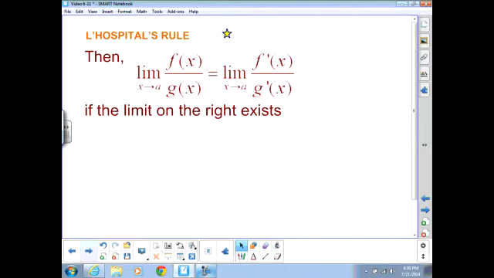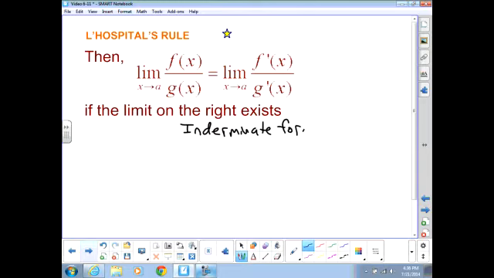So here's L'Hopital's rule. What L'Hopital's rule says, if you have a fraction with some function, f of x over g of x, and it is an indeterminate form, if you notice you have an indeterminate form, then use L'Hopital's rule.